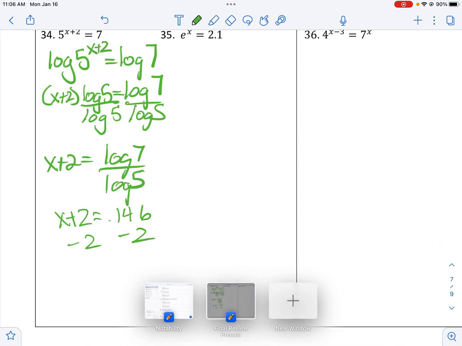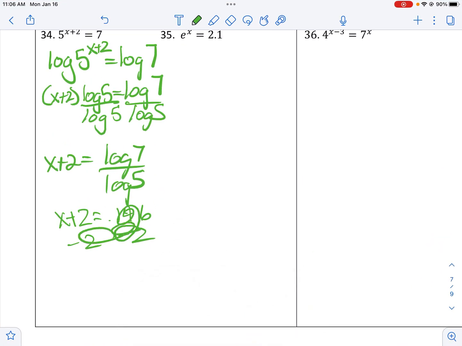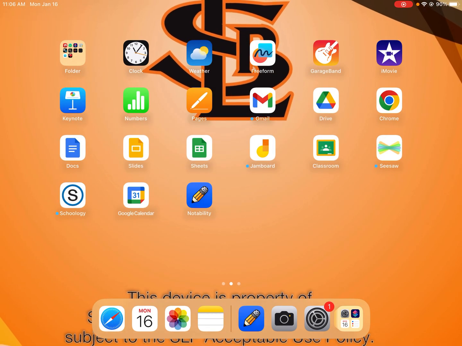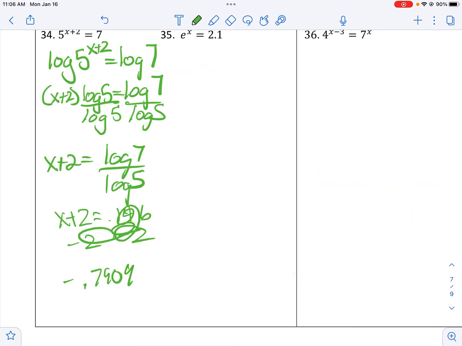Sorry about that, that was wrong. But if we subtract 2, negative 0.7909. Because then we subtract 2. And then there we go.